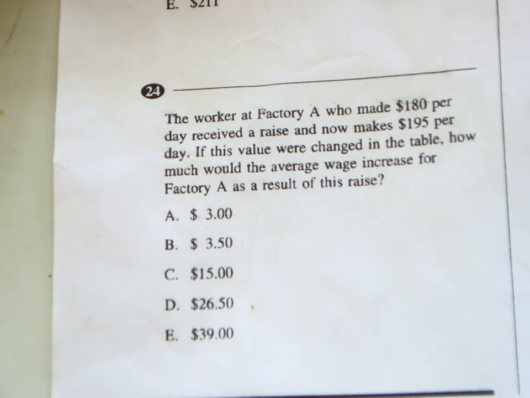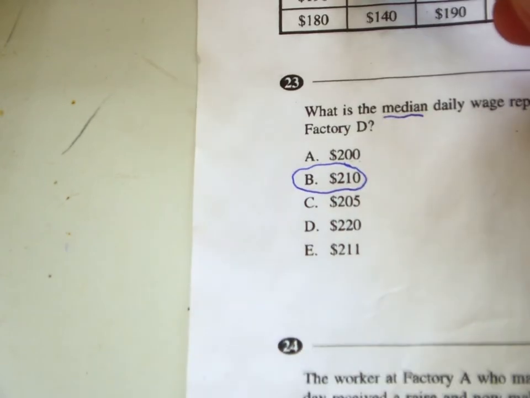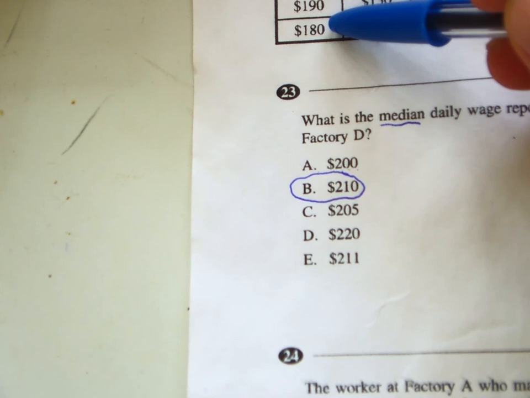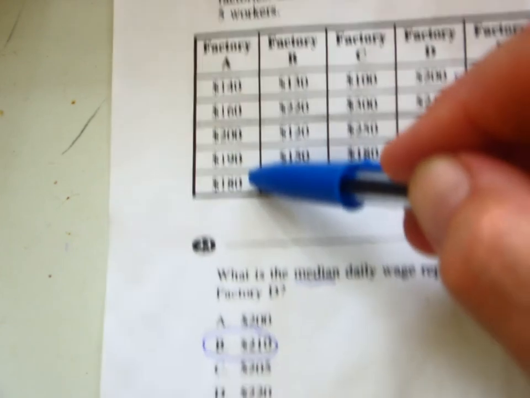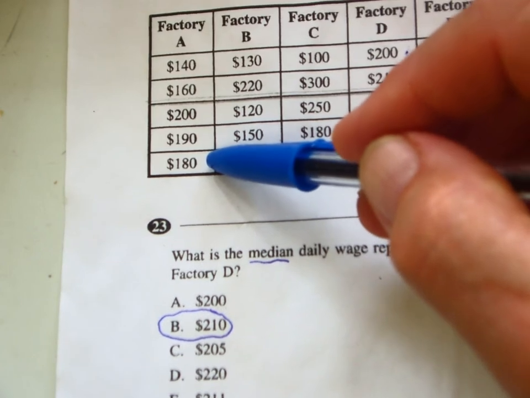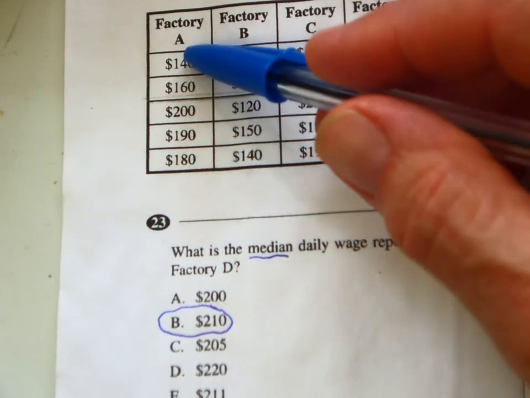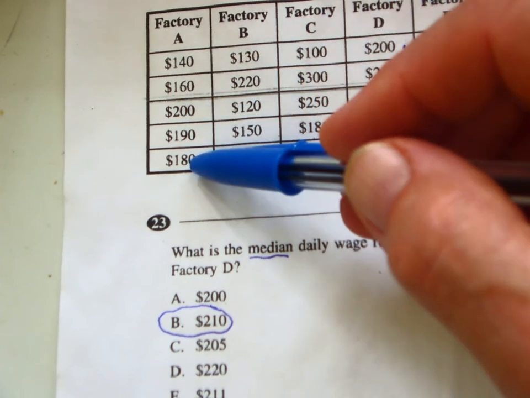How much is the average going to go up? So for Factory A, you take the worker who made 180, that's that one, and you change it to 195. You give him a raise to 195. Let me show you this. You're going to change that to 195.